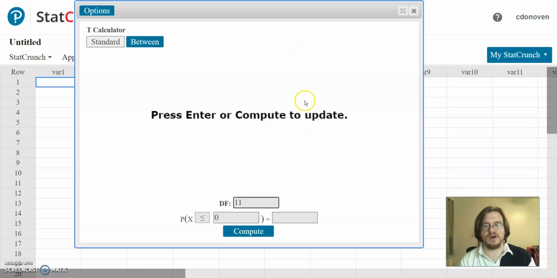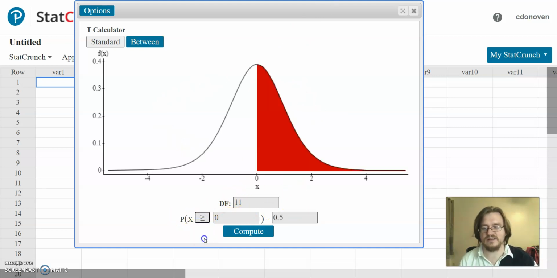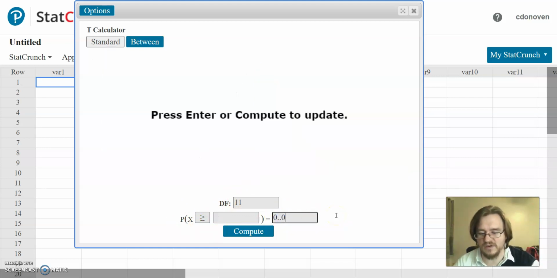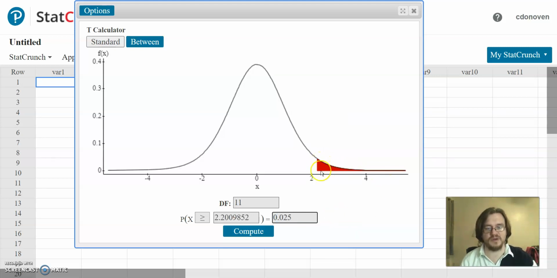So coming back to our calculator, again, 11 degrees of freedom, and then the area to the right of my value should be 0.025. So again, 0.025 is over here. So the t-score is going to be 2.0200... what was that, 9852. If we round, this will be 2.201.